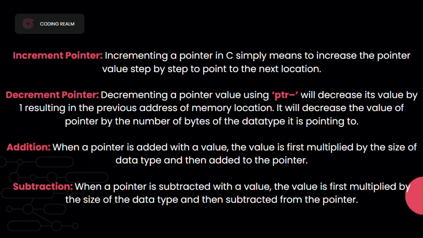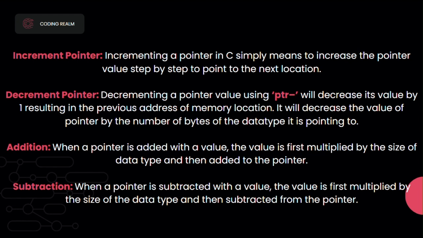Increment pointer. Incrementing a pointer in C simply means to increase the pointer value step by step to point to the next location. Decrement pointer. Decrementing a pointer value using ptr-- will decrease its value by 1, resulting in the previous address of memory location. It will decrease the value of the pointer by the number of bytes of that data type it is pointing to.